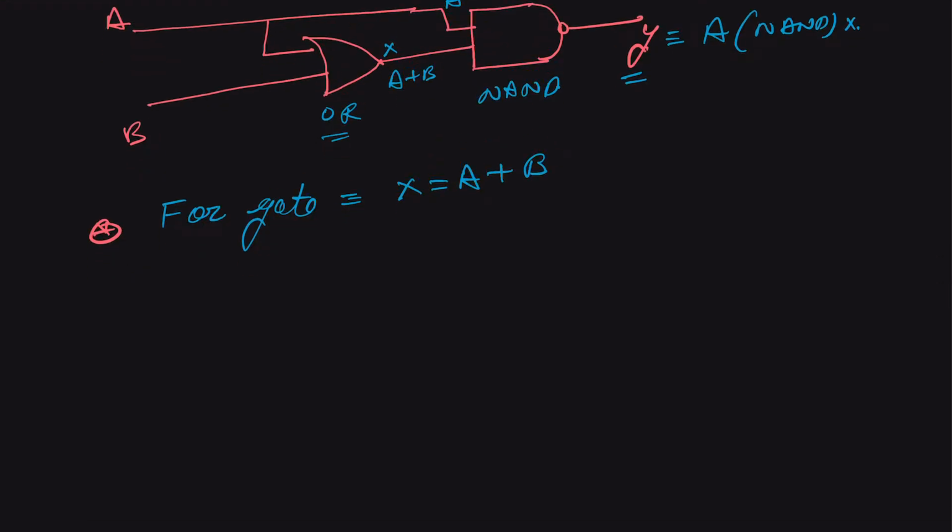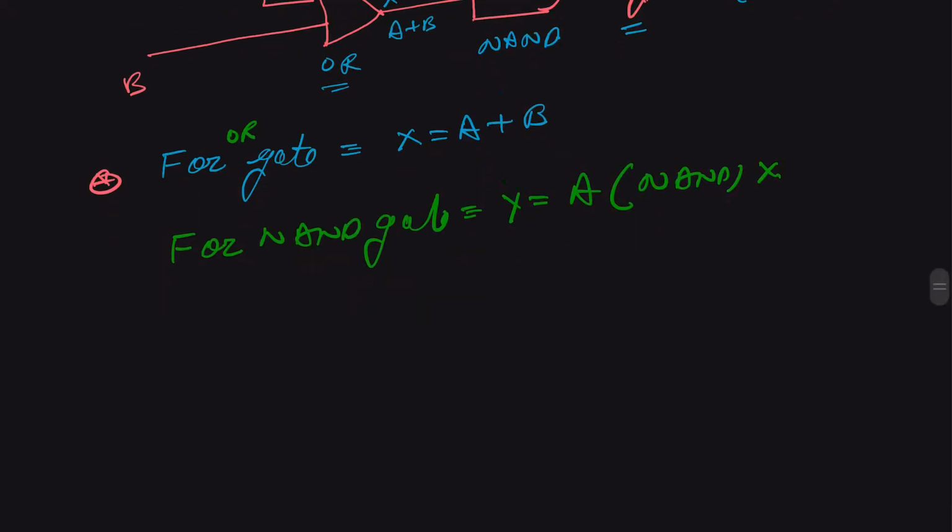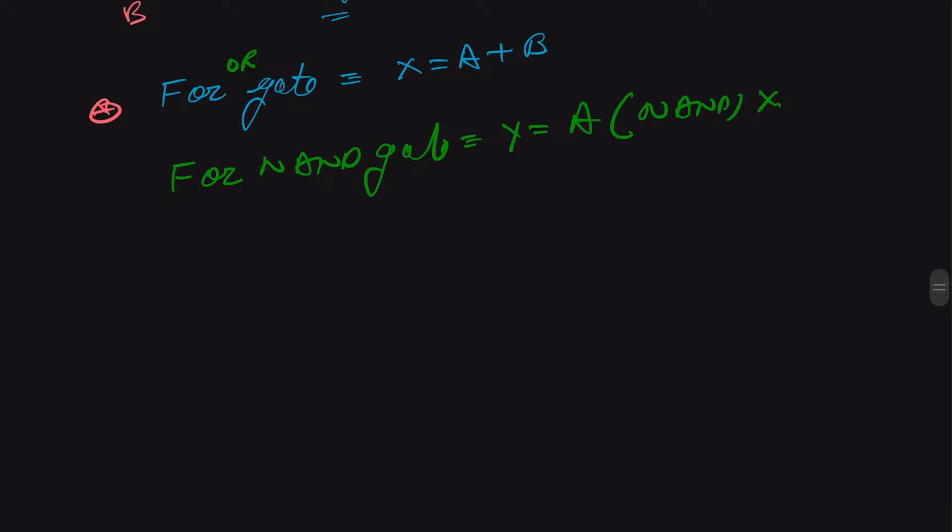For the NAND gate, our Y will be equal to A NAND X, or with the help of an equation we can write that Y is equal to the complement of A multiplied by X. We can substitute the value of X, so we get this as the complement of A times (A plus B).